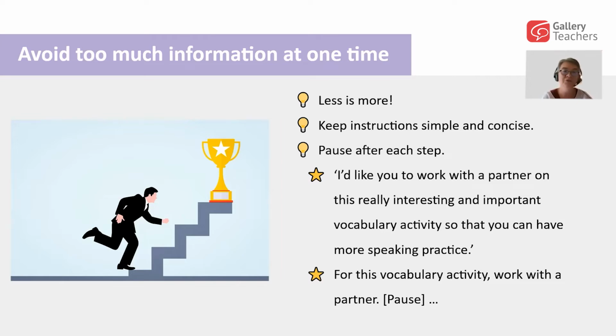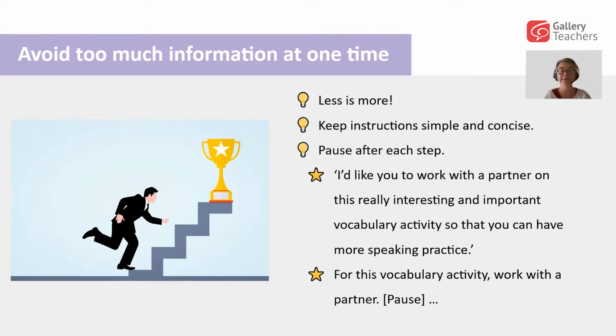Compare these two examples. In the first version, the teacher says, I'd like you to work with a partner on this really interesting and important vocabulary activity so that you can have more speaking practice. Now, the teacher feels that this information is important. The teacher feels that it's important to highlight to the students that the vocabulary activity is interesting.